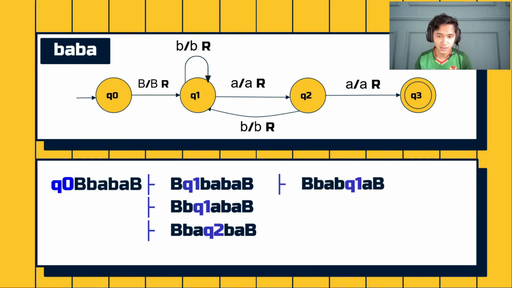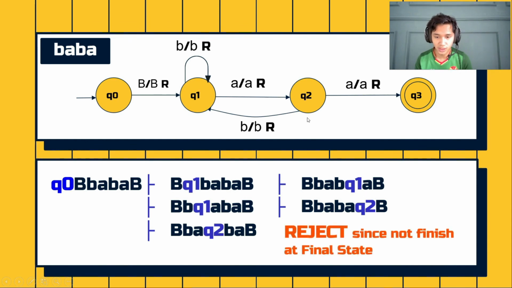Next input is B, so from Q2 we will go to Q1 again. Next, in Q1 we read A and go to Q2. Since we finished the string and we have no transition to read the blank, it will reject since it has not finished at the final state.